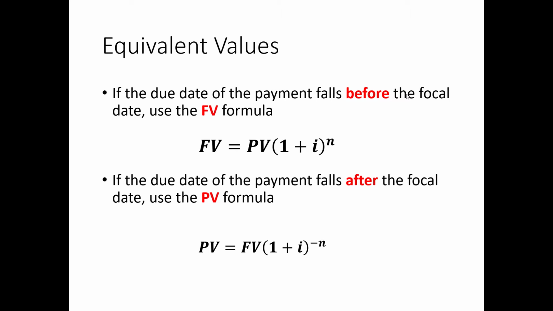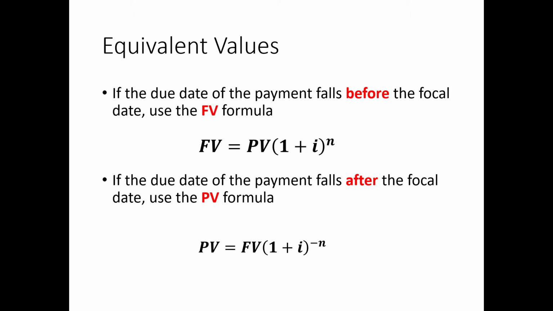One of the rules of thumb is if the due date of the payment falls before the focal date, use the future value formula, because that means the payment happens at a period of time and then we look forward to the focal date. Ooh, hey, look over there in the future, it's the focal date. And so we find the future value. And then conversely, if the due date of the payment falls after the focal date, we go, oh, we got to look in the back.